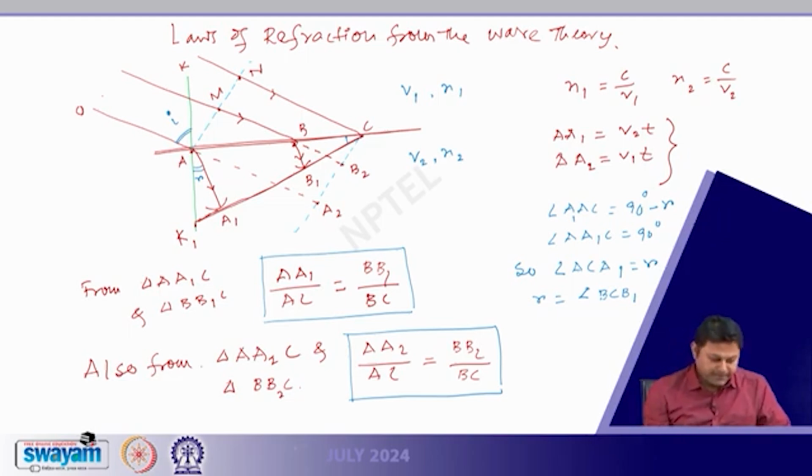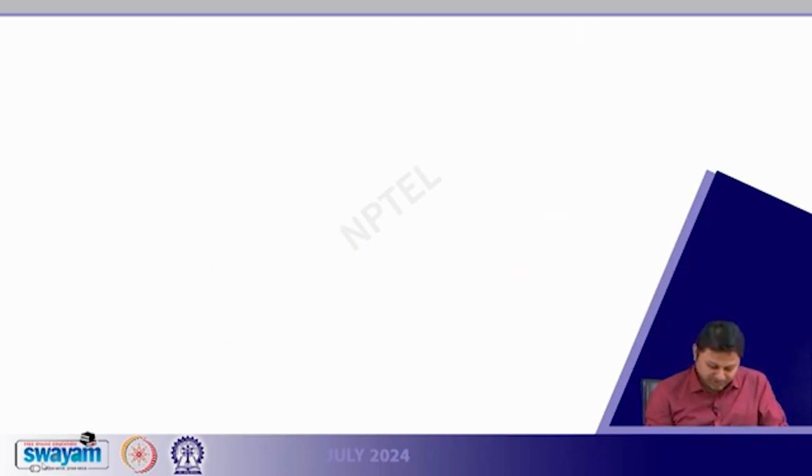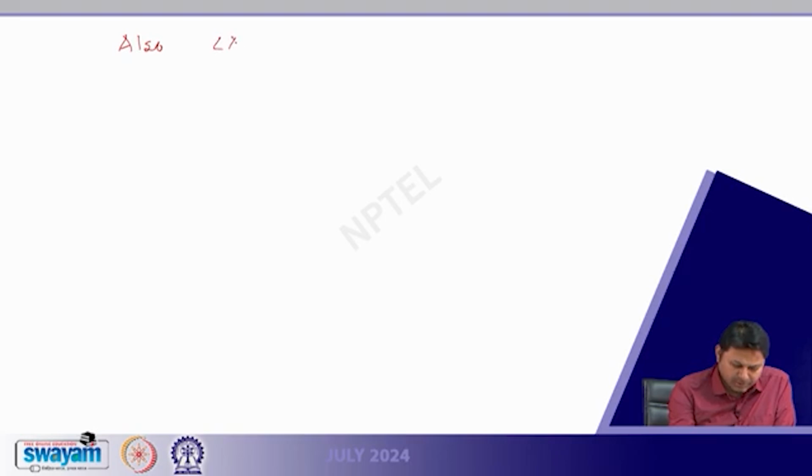Okay. Now, also in the same way, I need to go to the next page. Also in the same way, angle A2 A C is 90 degree minus I, and angle A2 C is 90 degree.